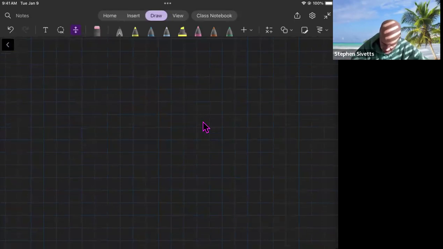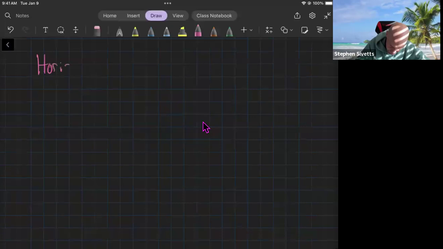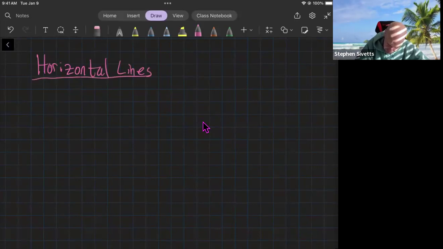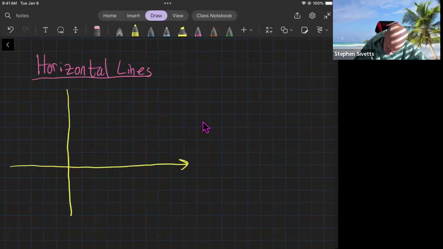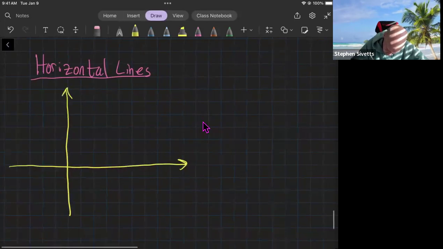But anyway, I'll just drive on. So what about horizontal lines? We looked at vertical lines. How about horizontal lines? Okay. So going back to this fundamental strip here.